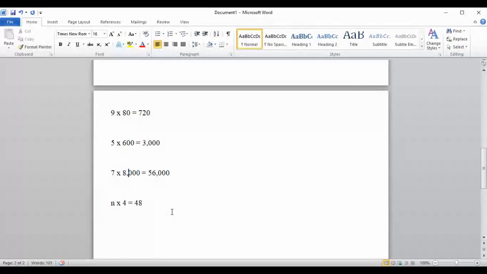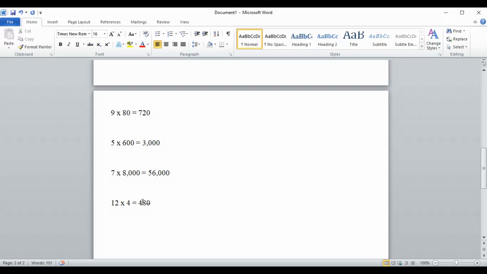And our final problem is blank times 4 equals 480. Well, let's take this 0 off and say blank times 4 equals 48. What would go in there? Well, I hope you said 12 will go in there.